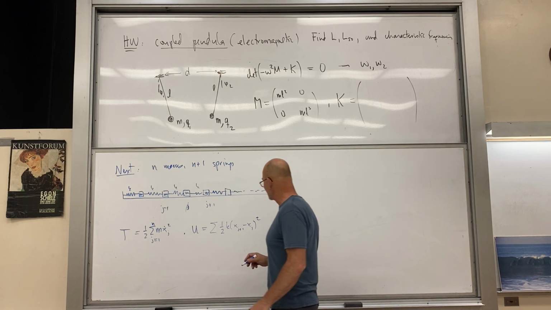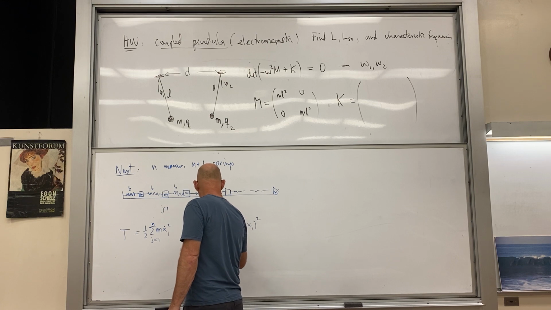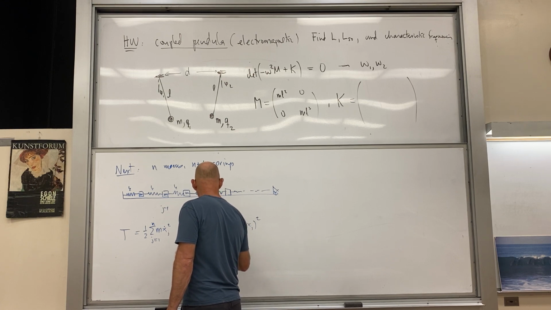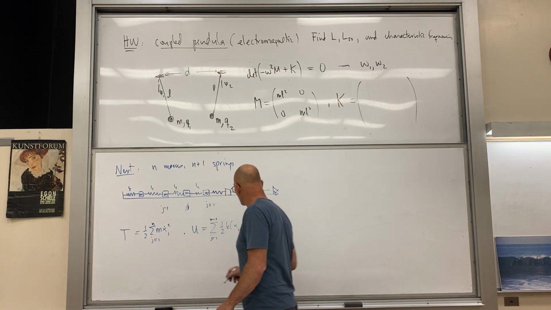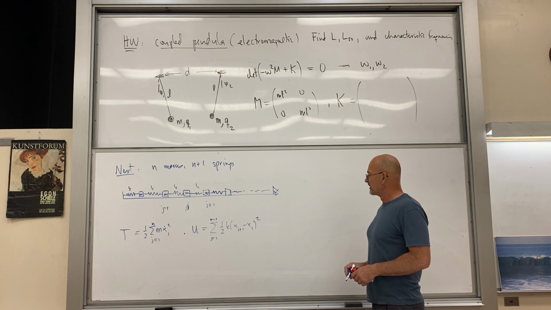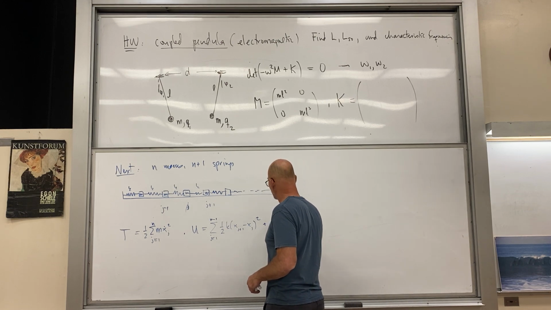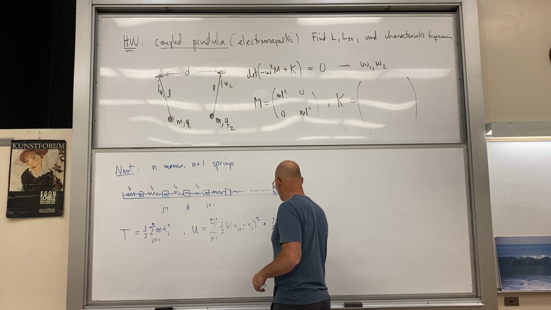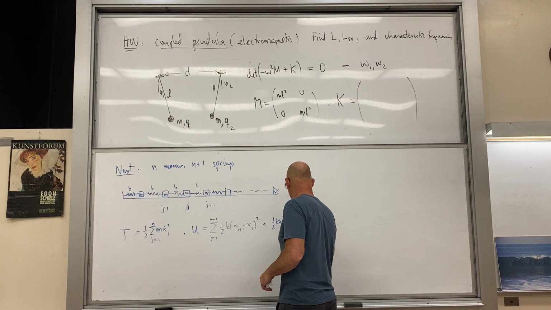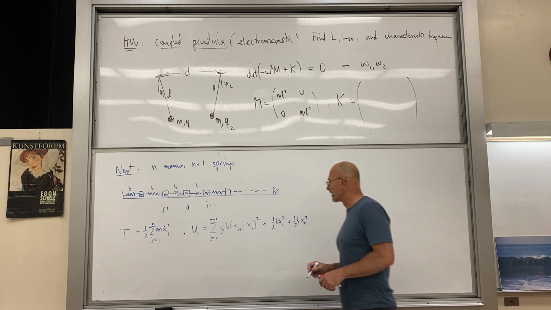We'll just say we had j equals 1 to n minus 1, and then we could even take the end terms as well. Then we'd have 1/2 k x1 squared plus 1/2 k xn squared. Okay.